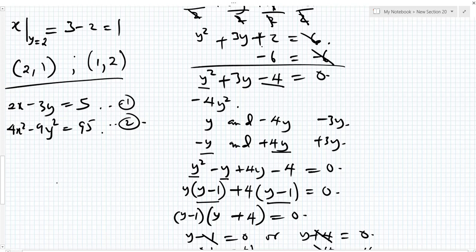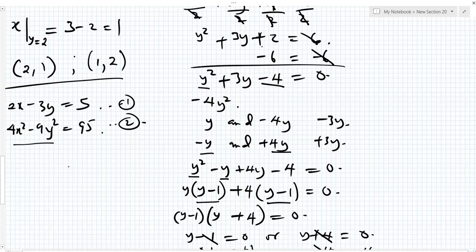Now with this question, there are so many ways to solve this equation. We can do it in this form.